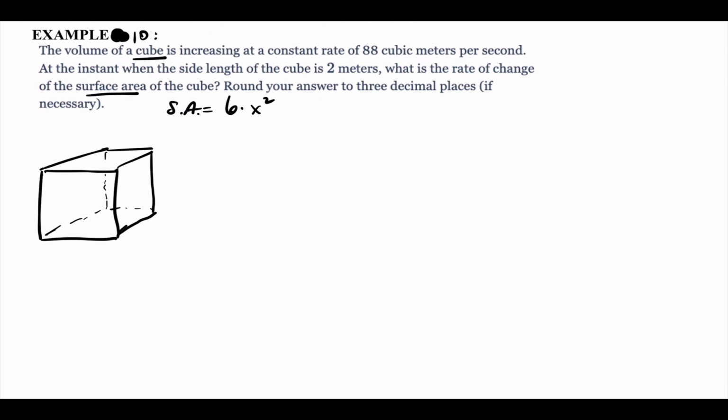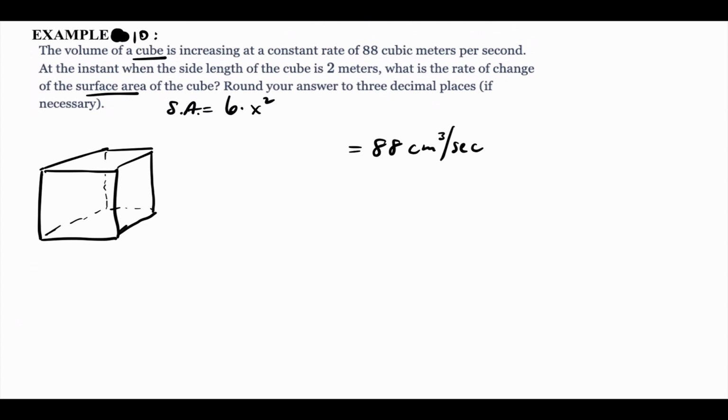So what do we know about this? What do we know about our situation so far? We got a cube. What do we know about the cube so far? So the volume is increasing, right? So 88 cubic meters per second.